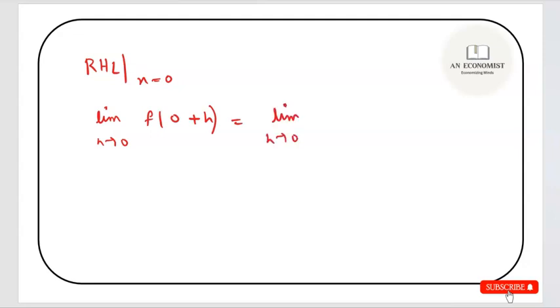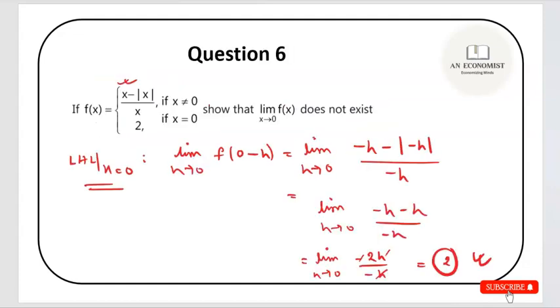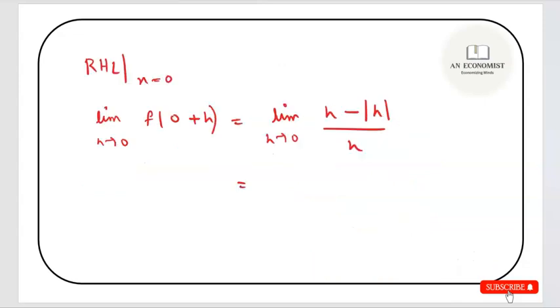Now let me find out the right hand limit at x equals to 0. So you have to find out limit h tends to 0 f of 0 plus h. That will be limit h tends to 0 h minus mod h by h, right? H minus mod h divided by h. Since h is greater than 0, this numerator will be 0.